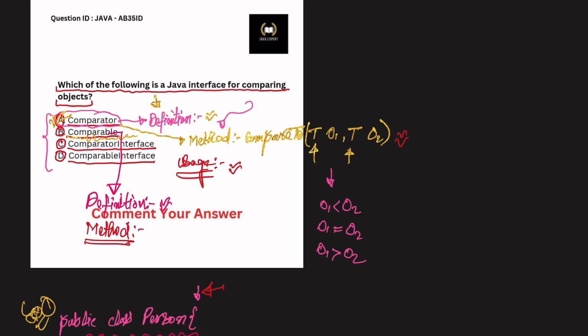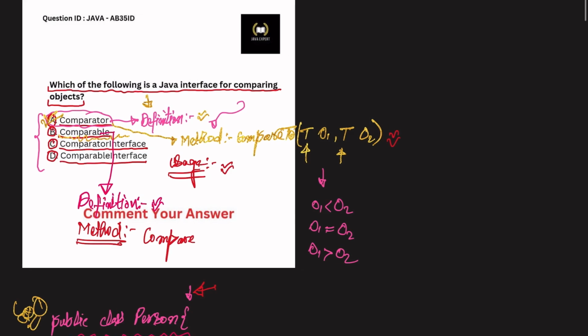It contains the method compareTo. The type is capital T, and this is the object which compares the current object, this, with another object o of the same type. It returns a negative integer if the current object is less than the object being compared, 0 if they are equal, and a positive integer if the current object is greater.